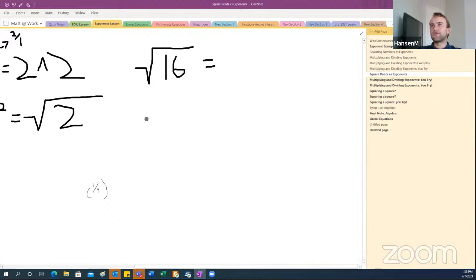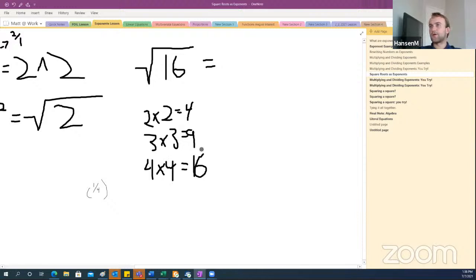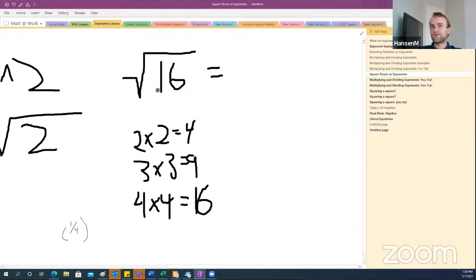If you think in your head, 2 times 2 is 4. That's not big enough. 3 times 3 is 9. Still not quite big enough. 4 times 4, that's 16. That's our number. So whenever we take the square root and we're asking ourselves what number times itself is equal to 16, we say, hey, we got it. Our answer is 4.